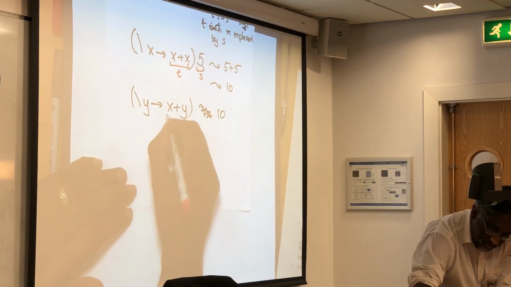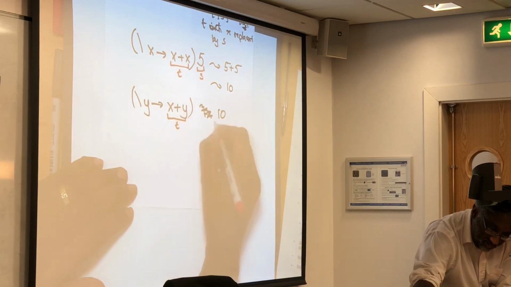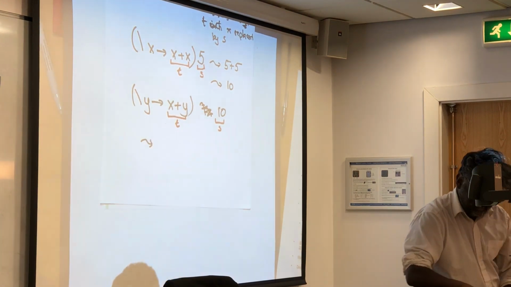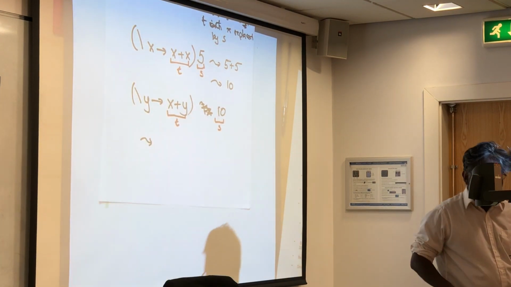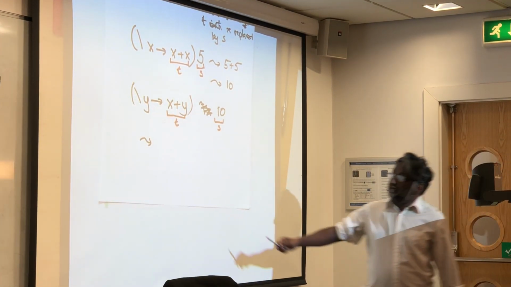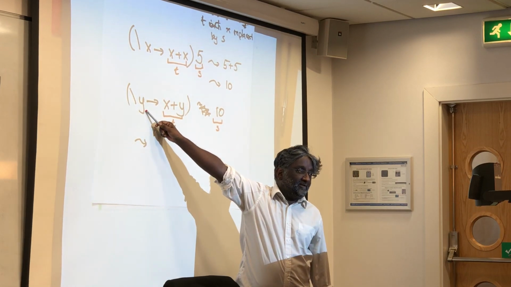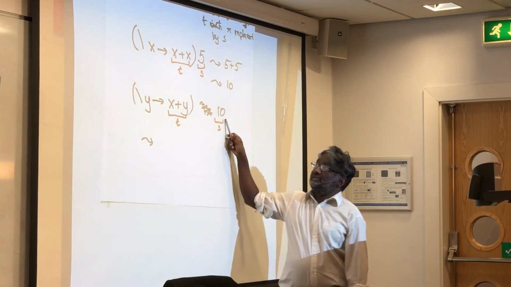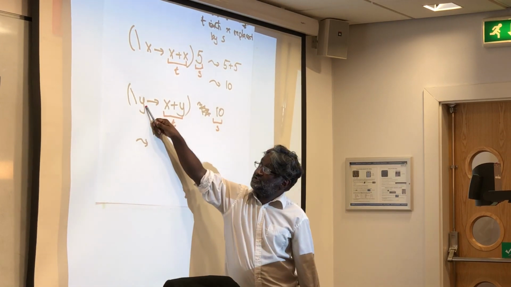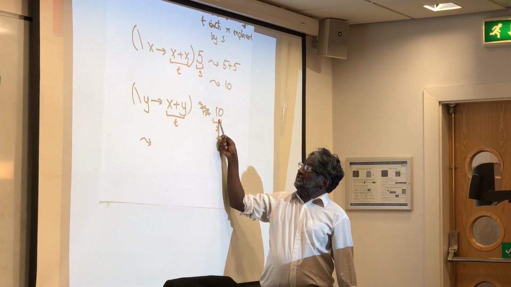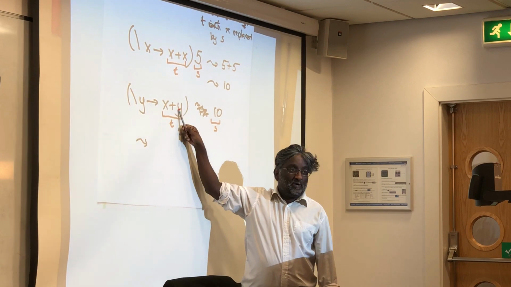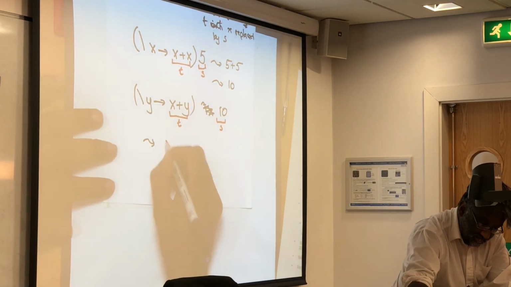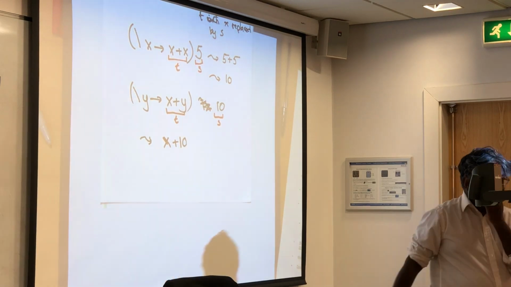Well, here's my T, there's my S, so I get T, that's X plus Y, but now the bound variable was Y, not X, so I have to replace Y with 10. This is the program that takes Y as input and does this. I'm giving it 10, so this Y will become 10. So this reduces to X plus 10.